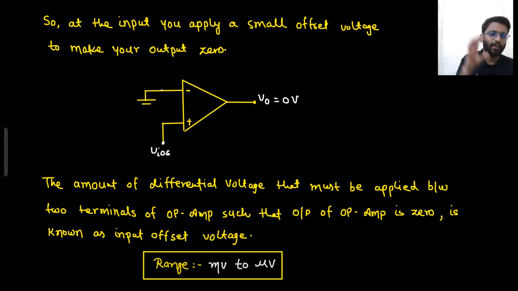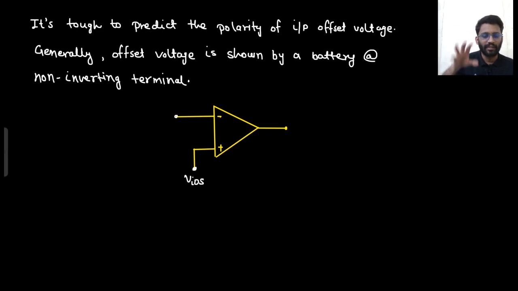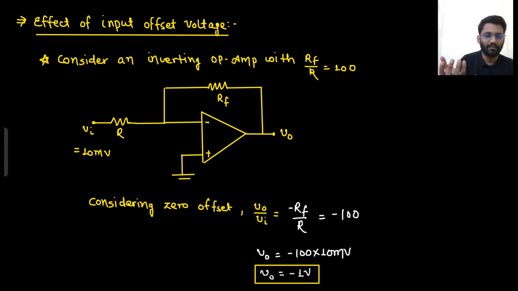To nullify that output, you apply some offset voltage from your side at the input terminal. That input is known as the input offset voltage. It can be shown as a battery at the non-inverting terminal only. The offset voltage can be both plus and minus, plus 1 millivolt or minus 1 millivolt. Then we saw a question.